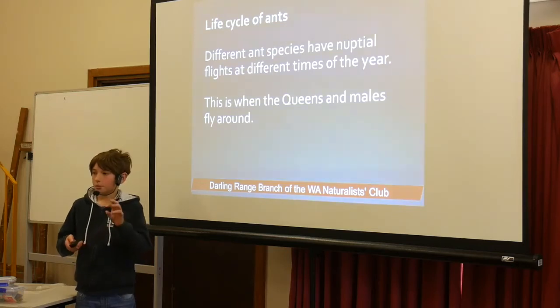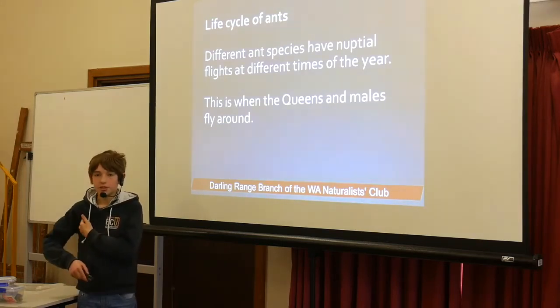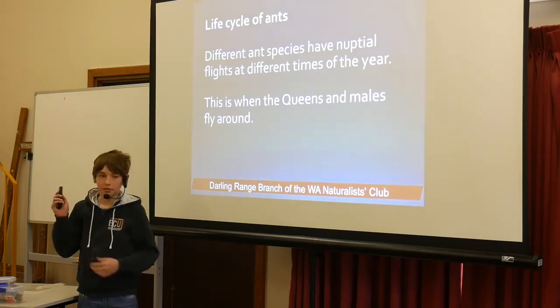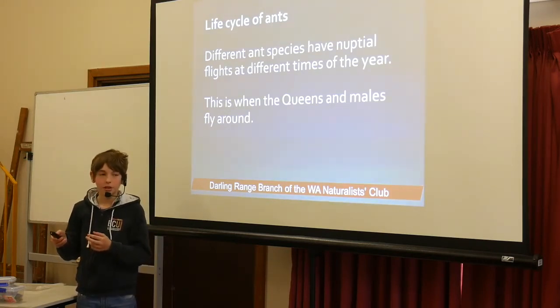The queens will make little chambers underneath rocks or logs, where they'll lay their eggs, and the larvae will hatch, and then they can raise their brood with no food at all. They do need food, but they use their wing muscles, which they don't need anymore, to feed themselves and their larvae until they turn into their first workers, called nanitics.